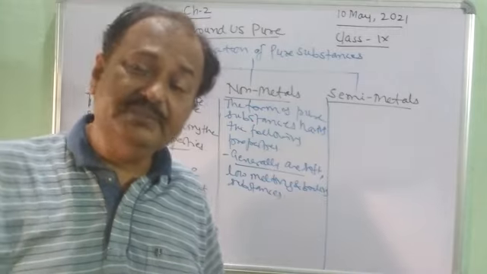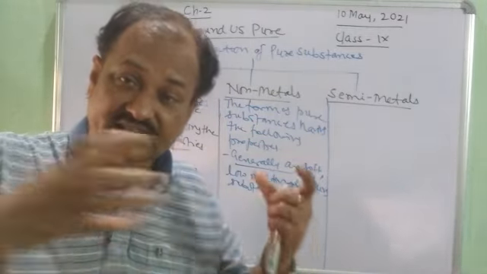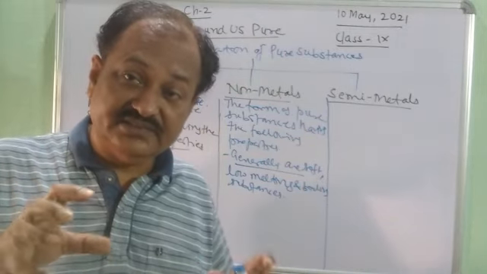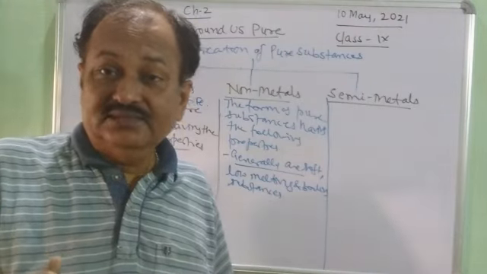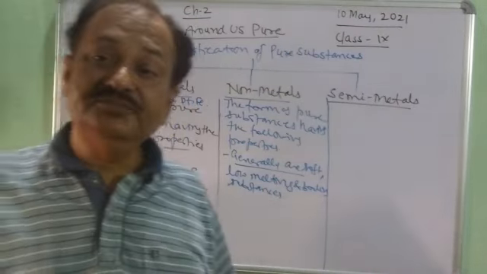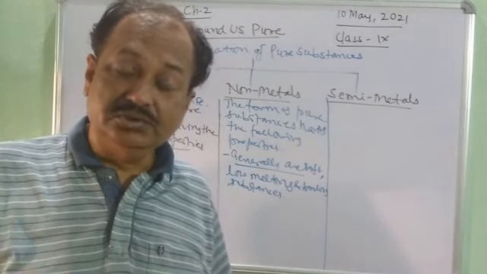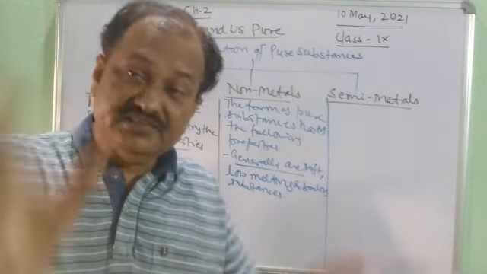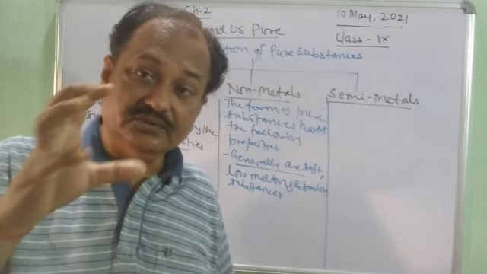It can be prepared by chemical method also, but it is easy to get from the air. First the air is taken by machines, compressors. Then it is converted into liquid. Then, as we have seen in the previous part, air is made up of different components: moisture, dust particles, CO2, hydrogen, nitrogen, all are separated. First it is liquefied, then all the impurities are collected, then oxygen is there.